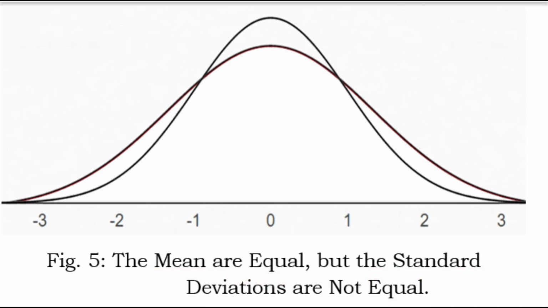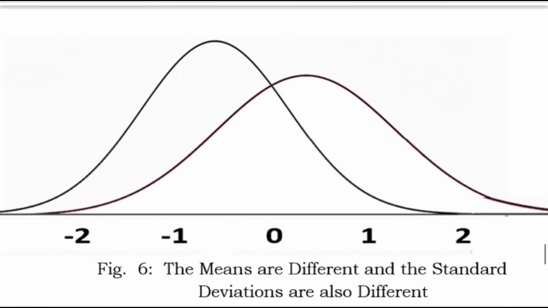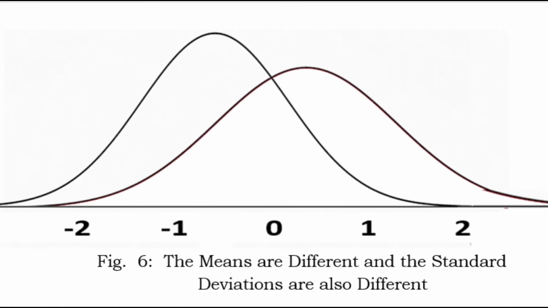So as you can see, the normal curves are different but the means are equal. So if they are different, the standard deviations are not equal. Third, the means are different and the standard deviations are different. So as you can see, the curves are different and their means are also different.